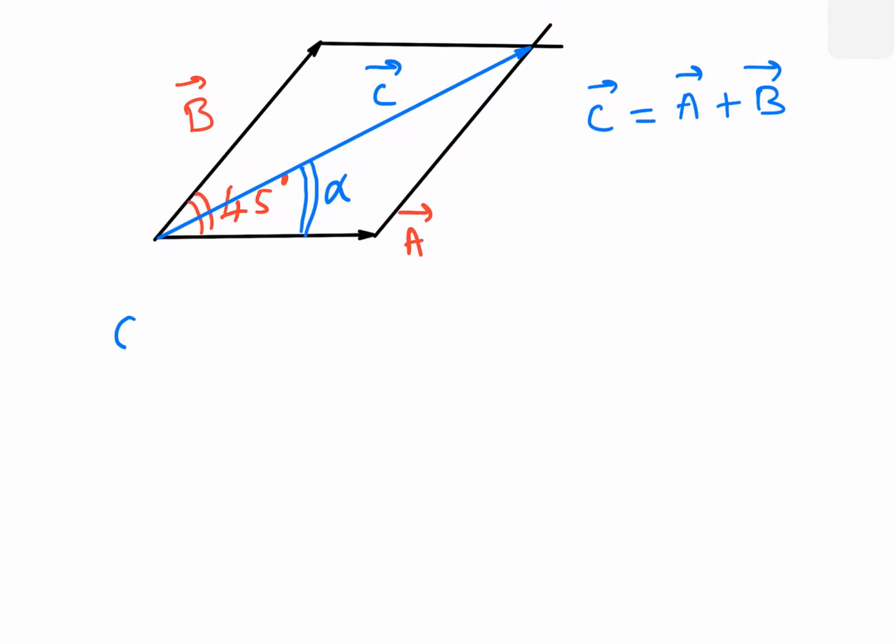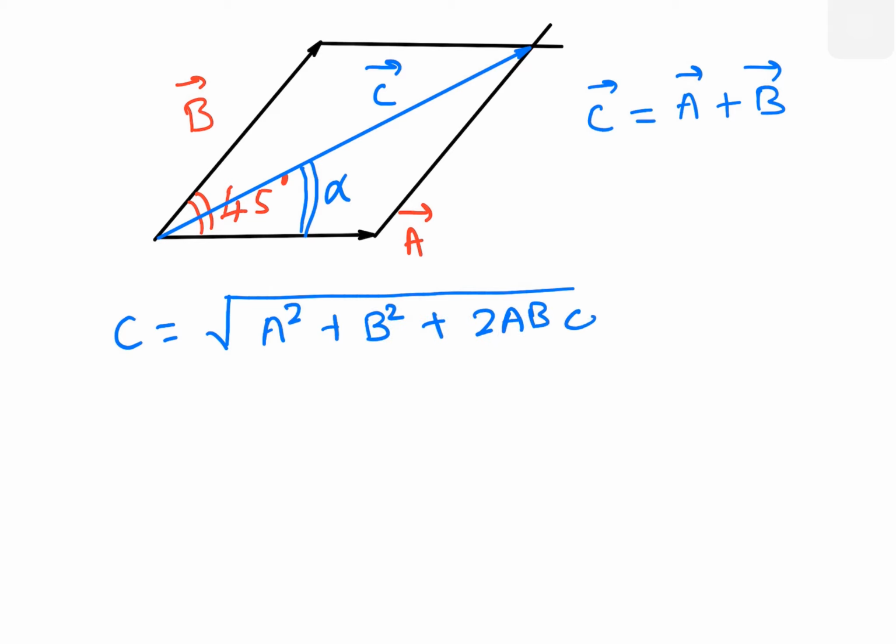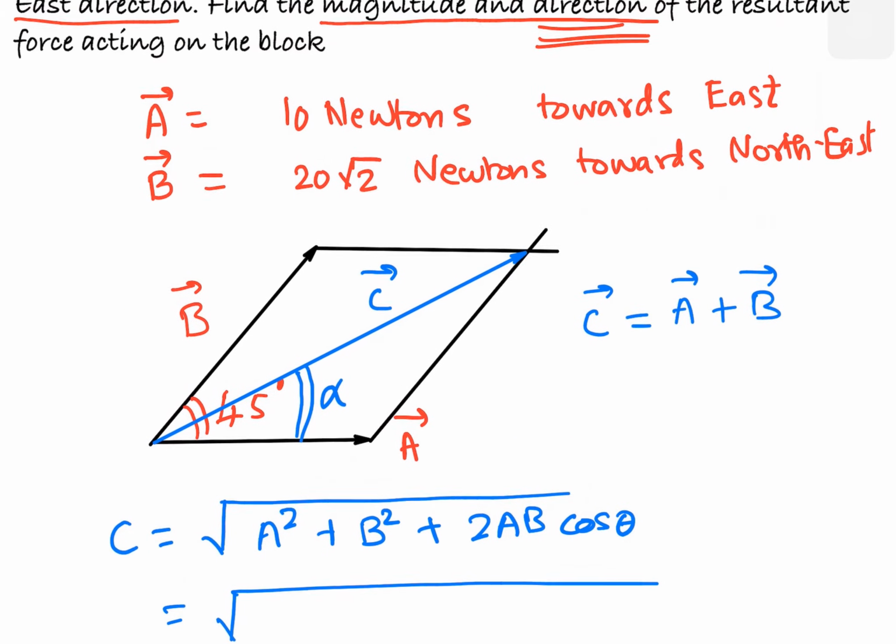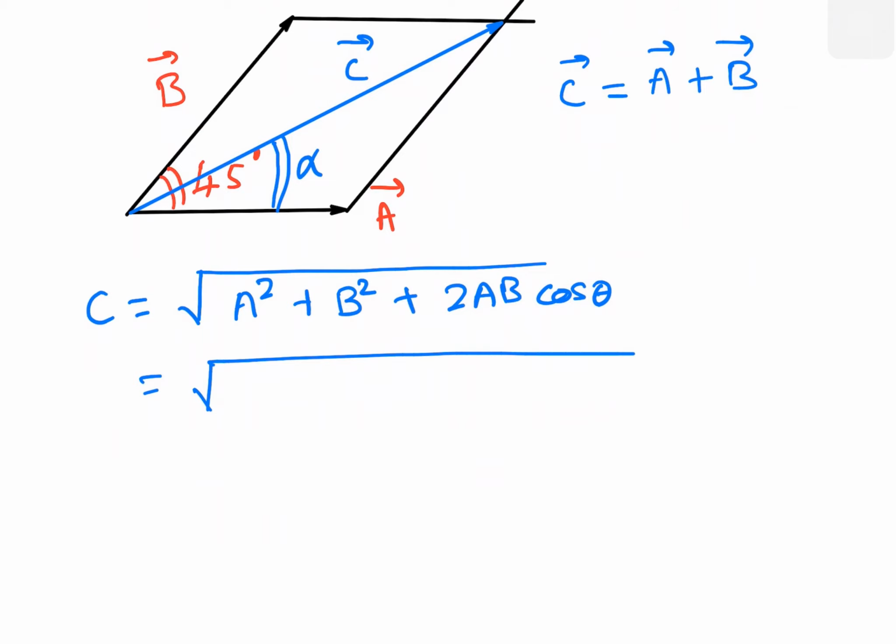So the magnitude of C vector will be C equal to root of A square plus B square plus 2AB cos theta. Putting the values of A and B and theta: A is 10 Newtons and B is 20 root 2 Newtons.